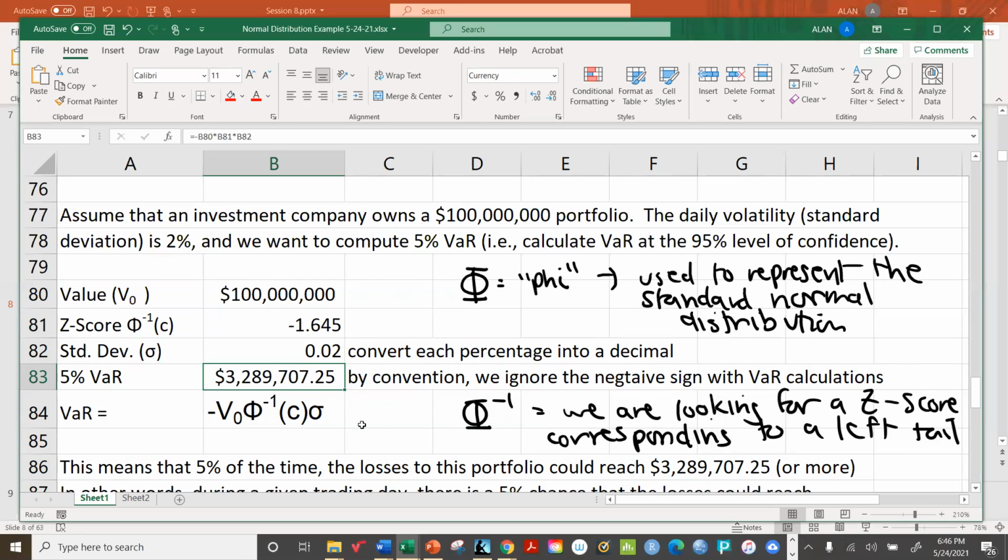The reason it's so low is because the standard deviation is very low. But on the other hand, this is a daily loss. That actually is not too comfortable for a lot of organizations, that you could potentially lose $3 million in a single day.